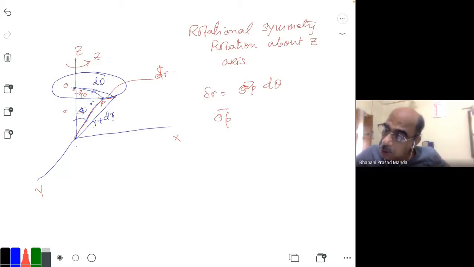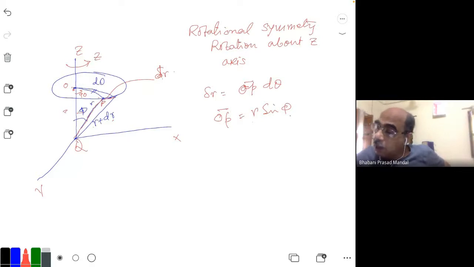Say this point is Q. It is a right angle triangle, so OP was R sine phi. This angle is phi, and this angle is 90 degrees, so with R as PQ, OP is R sine phi.